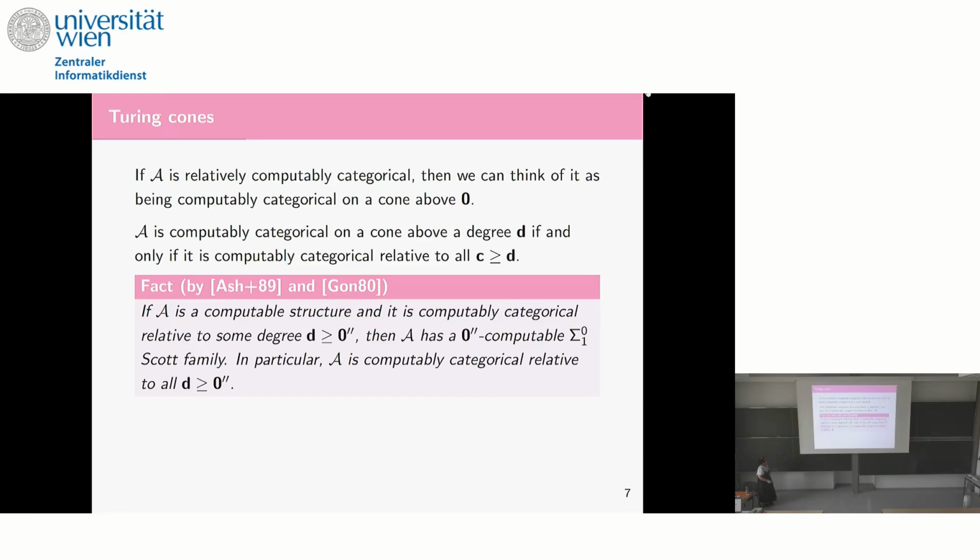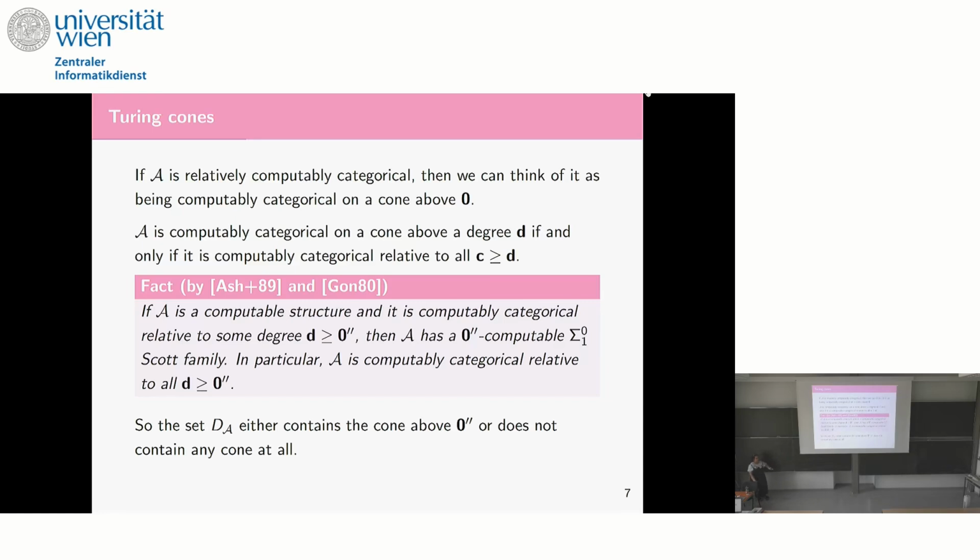What this means is you can have computable structures where it's CC relative on this entire cone above zero double prime, or it's not CC relative to any degrees above zero double prime. You can fill in this cone to indicate that it's CC relative to any of them, or leave it blank to say that it's not CC relative to any degree above zero double prime. Going back to the set of degrees I defined on the previous slide, that set either contains the cone above zero double prime or doesn't contain any cone at all.